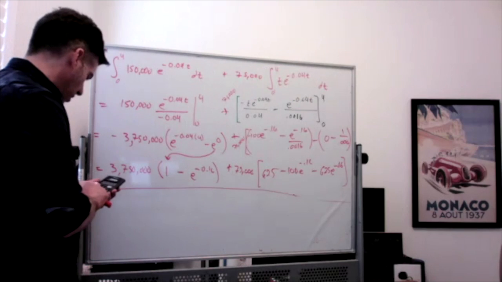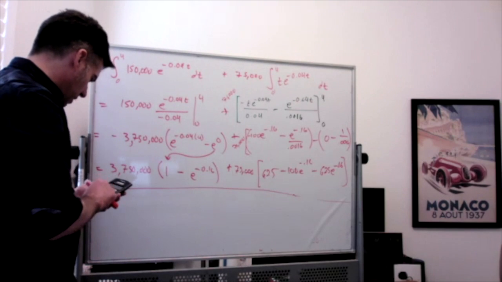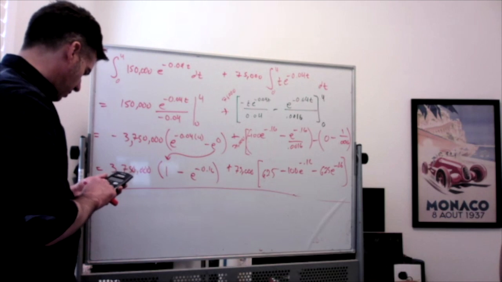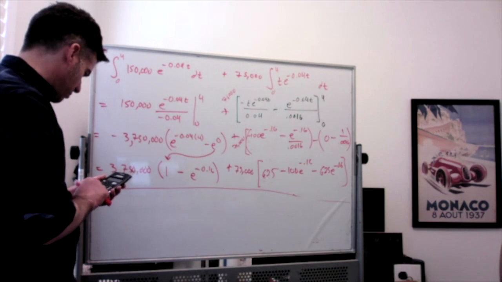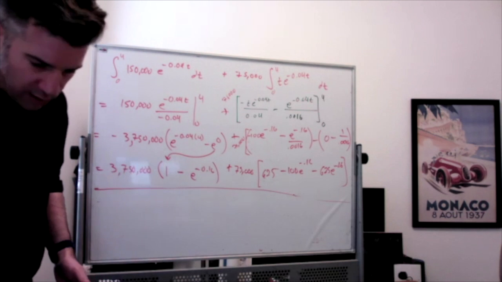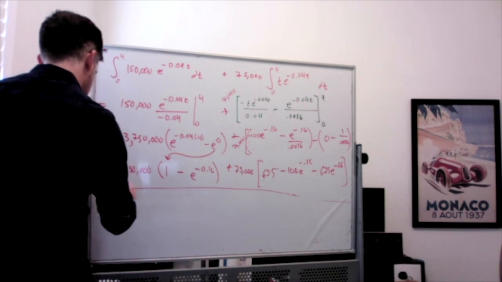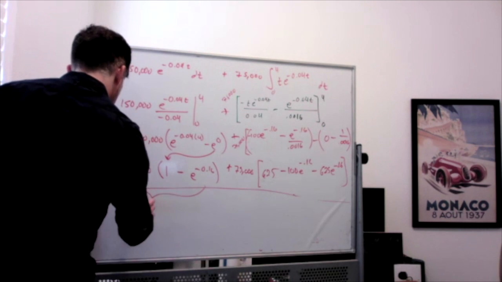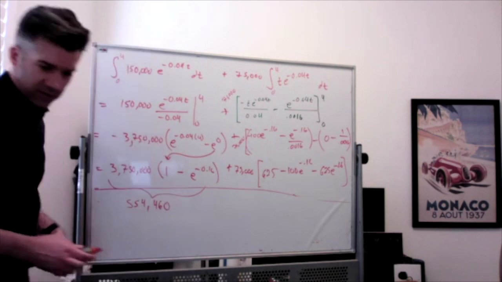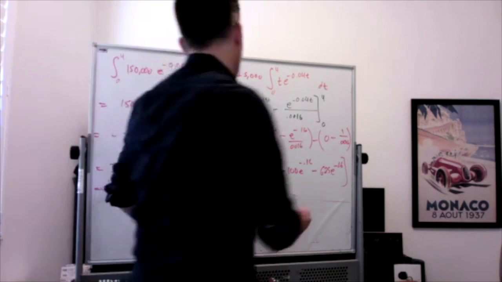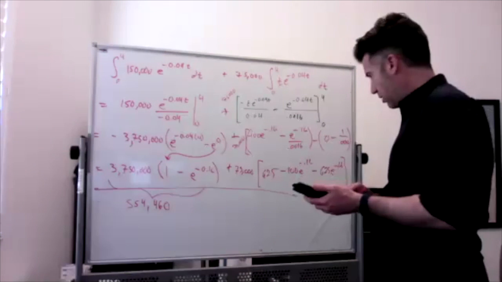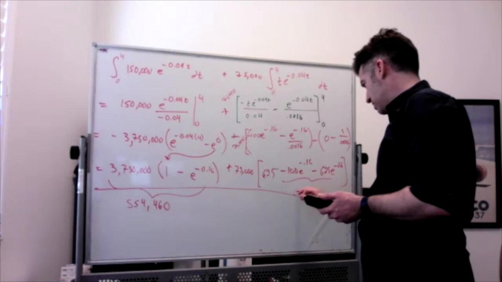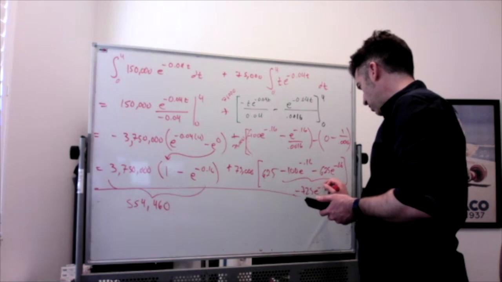So this is going to be, let's see, 1 minus e to the -0.16 times 3,750,000 is approximately $554,460. I'm going to leave off the decimal. And then this one here, so you've got 100. I'm putting these together. This is minus 725 e to the -0.16.